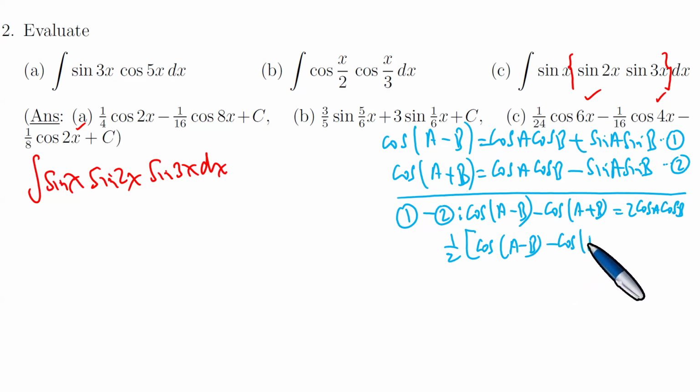What I'm saying here is that if you say this minus that, then it's going to be sine sine, which is going to be sine A sine B. So you can group these ones, maybe.